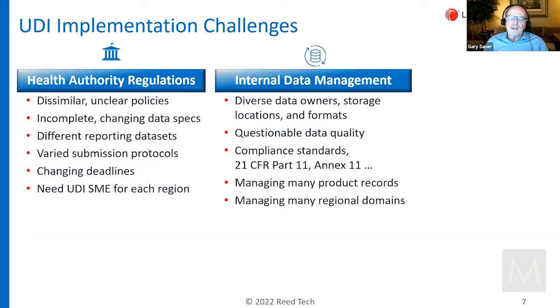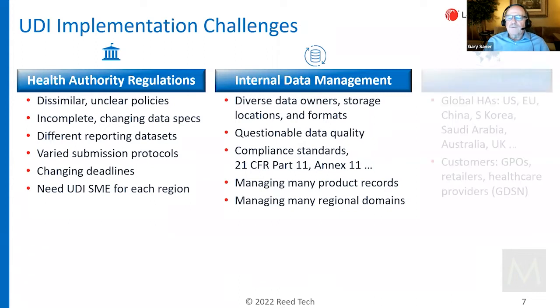So as you pull data together, you probably have walked down this pathway for the FDA, but when you go to other regions, it's going to be a repeat story. So it won't be quite as bad. You kind of know what you're doing, but it's not just a redo. Unfortunately, there are enough variances when you go to different health authorities that you have to closely walk down that pathway.